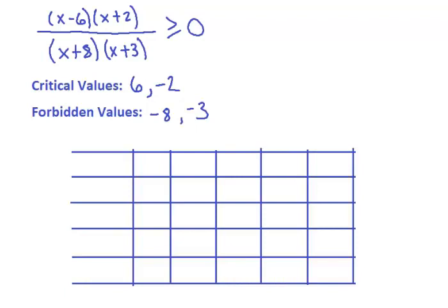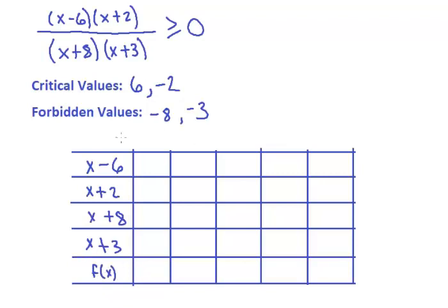Okay, this would work as a table. I'm going to put the parentheses in here: x minus 6, x plus 2, x plus 8, x plus 3, and the answer. I can put f(x) or answer. I'm going to put f(x).